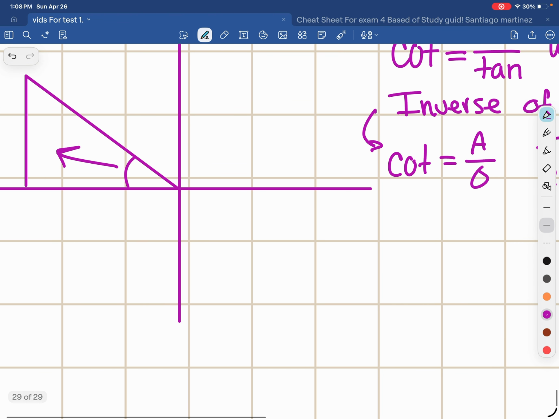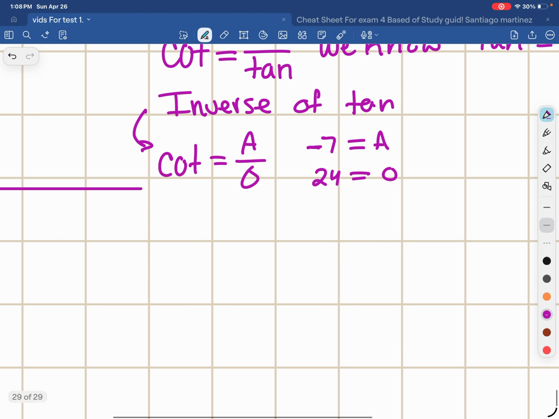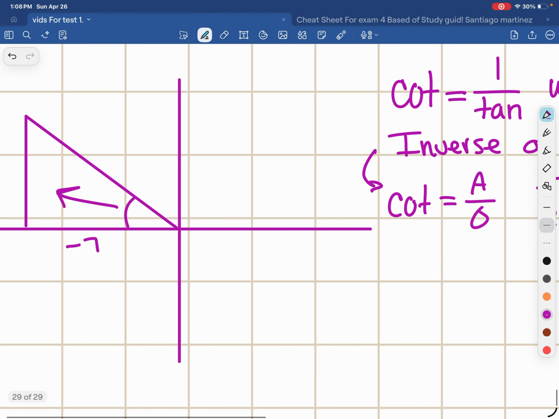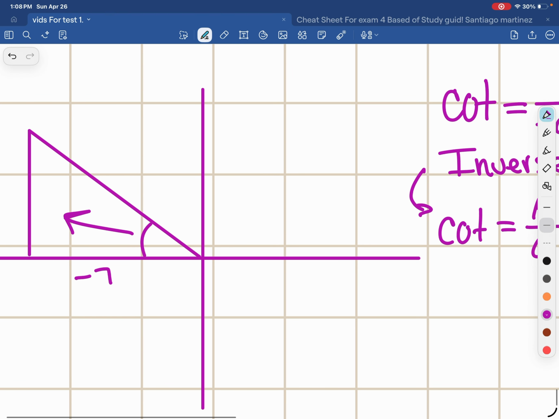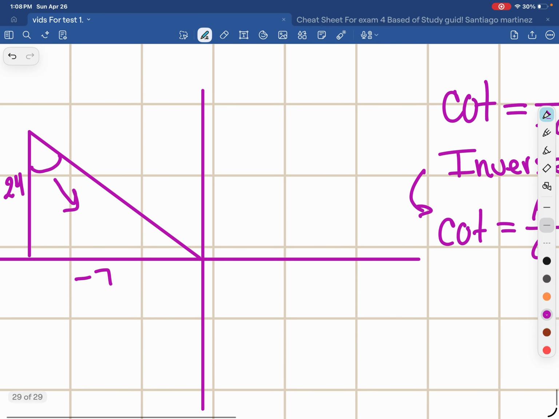And our opposite, as we said, is going to be -7. Actually, our angle should be facing this way. My apologies. And we have 24. That's adjacent. That's -7 on the opposite flank. And then we're looking for this value.